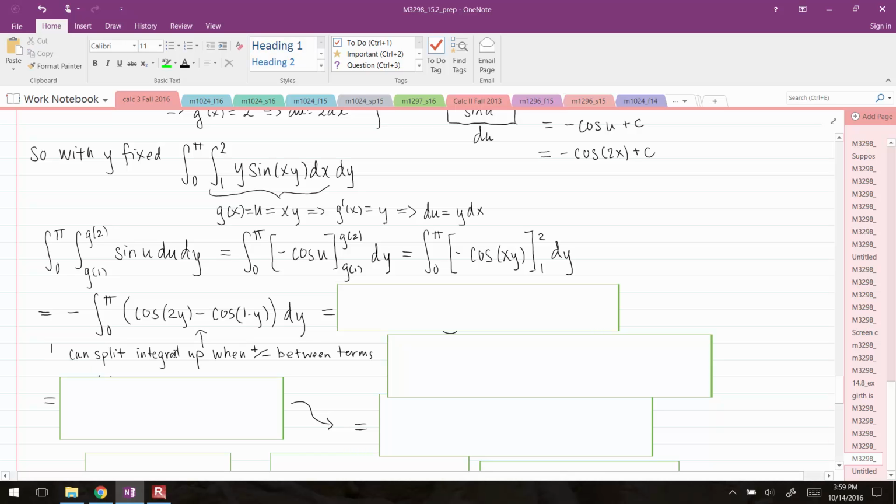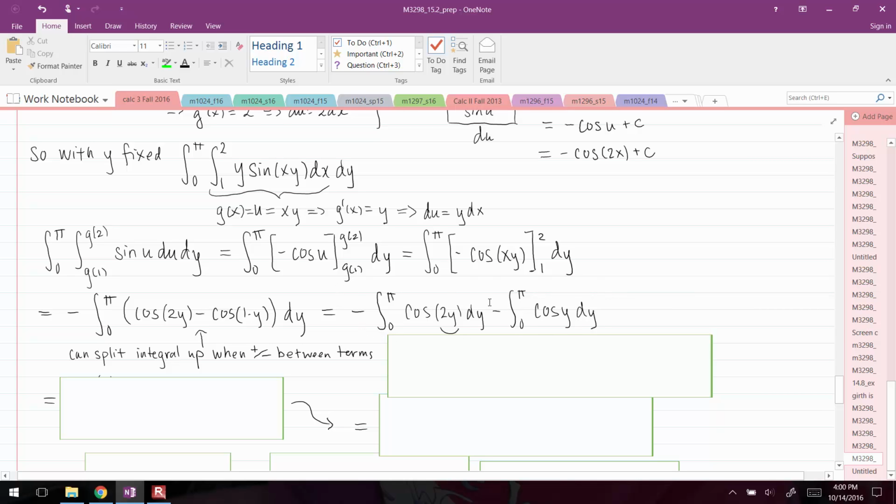Now, I'm going to try to look at doing the integral with respect to y pretty soon. Something to notice is that because now I have a function of y minus a function of y, it would be smart to split up this integral on the minus sign, and that's a legit move. So I'm going to do this in two integrals.